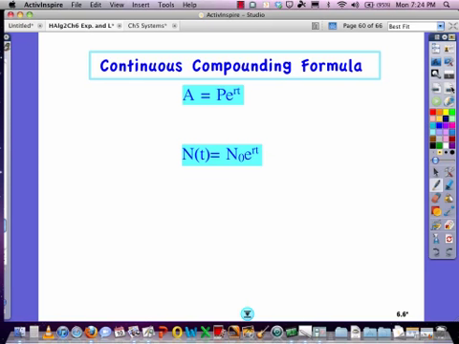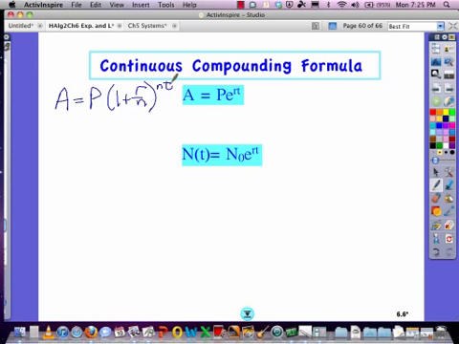And last but not least, when we introduce a new base number, that means we're also going to be able to do some other things with our compounding. So earlier in the chapter we've been working with A equals P times 1 plus r divided by n to the power of nt, and we called that our general compounding formula.